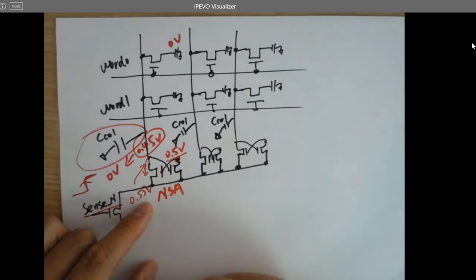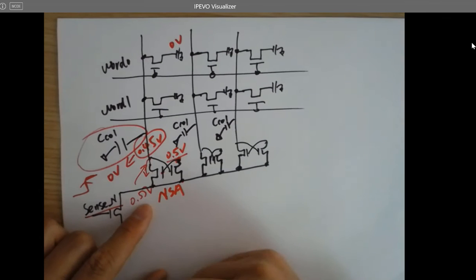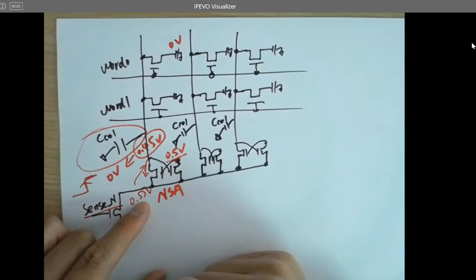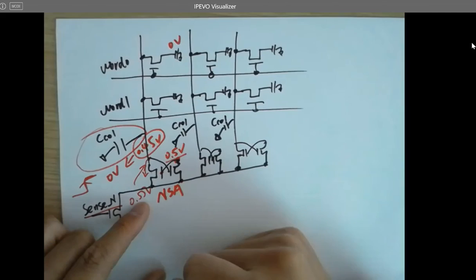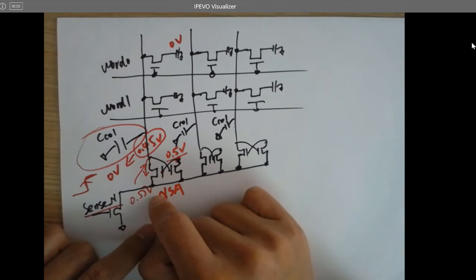Can you or cannot? You cannot, because there's no VDD to pull it up. You don't have that path. So this guy can only read a 0 but cannot read 1.